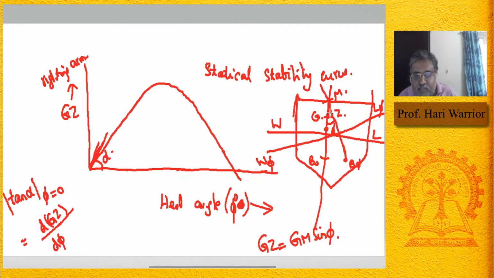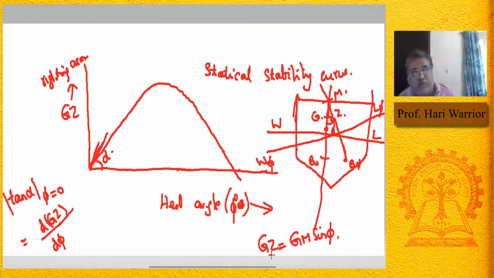This figure doesn't look good, but it is actually perpendicular because, as I told you, we are finding the lever arm. To get the lever arm, we have to draw a perpendicular from G to this line. Where it hits is Z. So this angle is phi, and therefore we get the formula GZ is equal to GM sine phi.